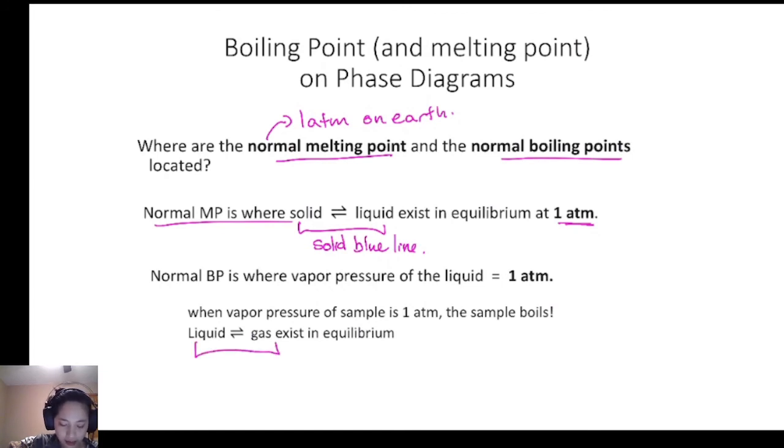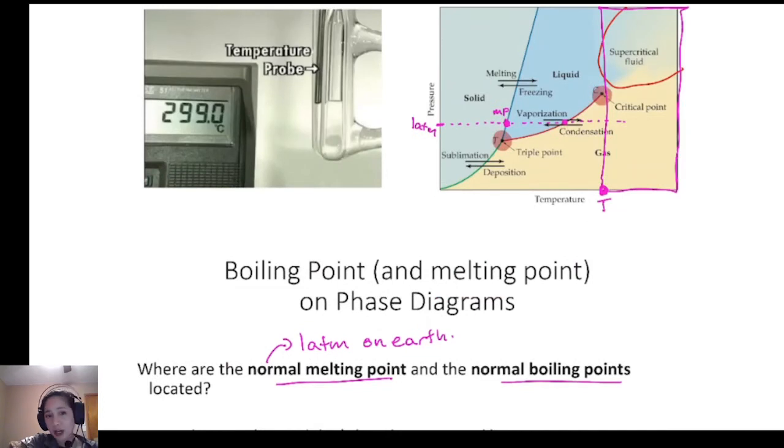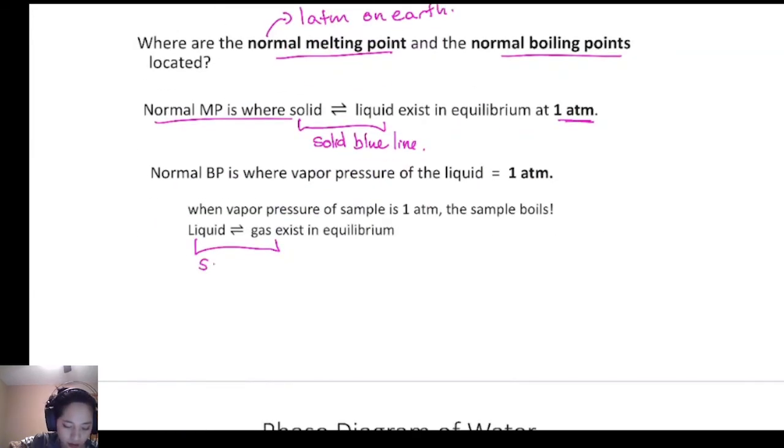It has to be at 1 atm because this is our normal one atmosphere liquid-gas transition. So it would be right here on the solid red line, but it has to cross 1 atm.